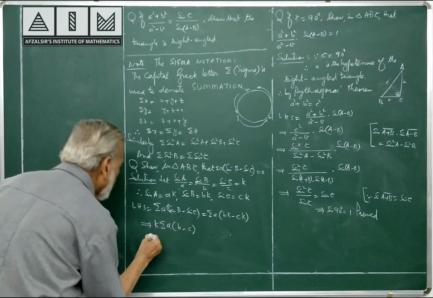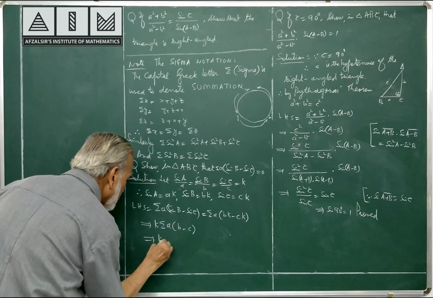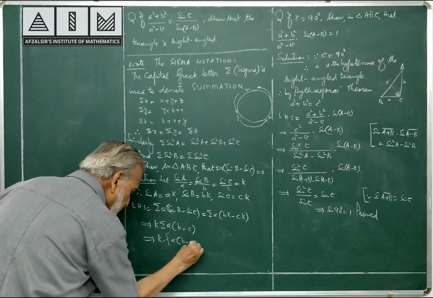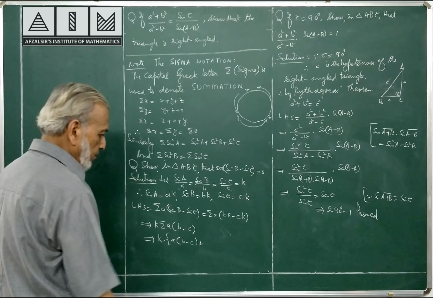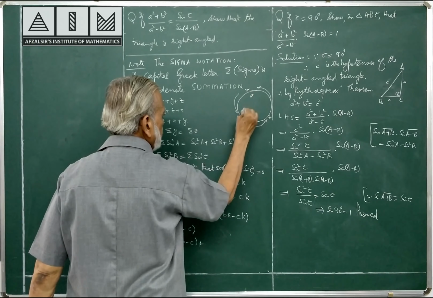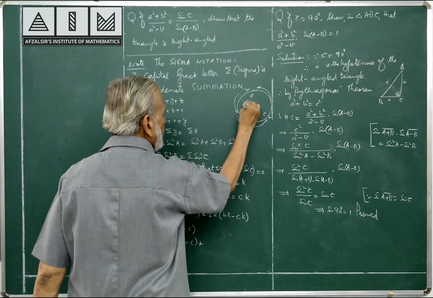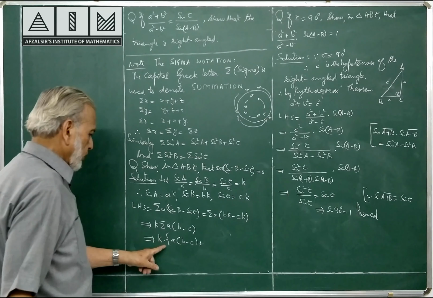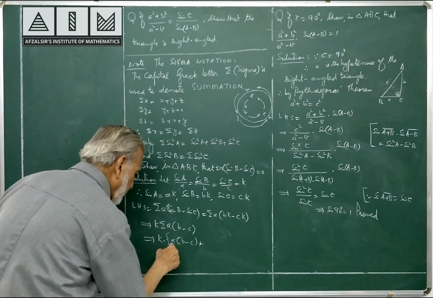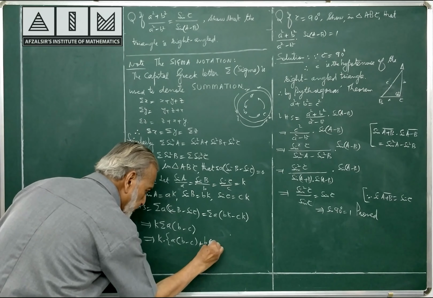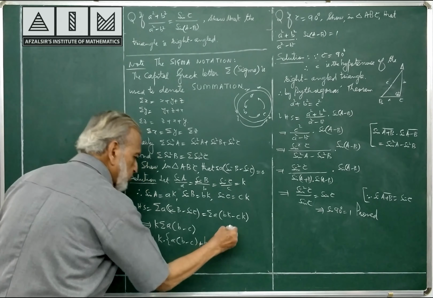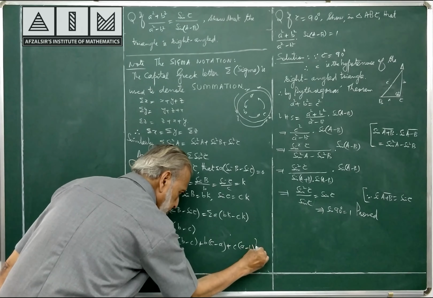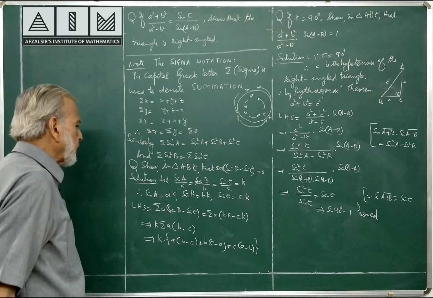Proceed. Opening this sigma, A into B minus C. After A, B comes, C here. Once again you can see ABC. It is A into B minus C. Now next will be B into C minus A. Next will be C into A minus B. This must have come in the earlier classes also, but still I am explaining once again.